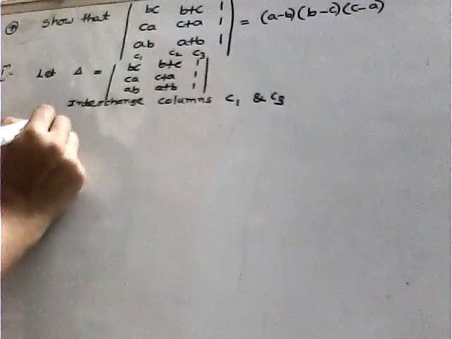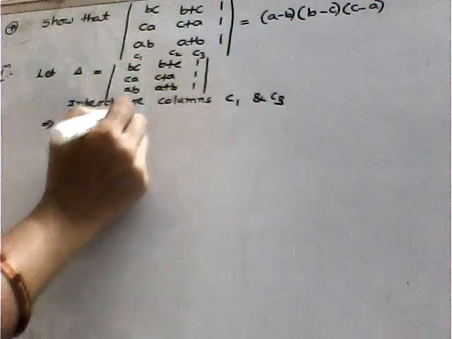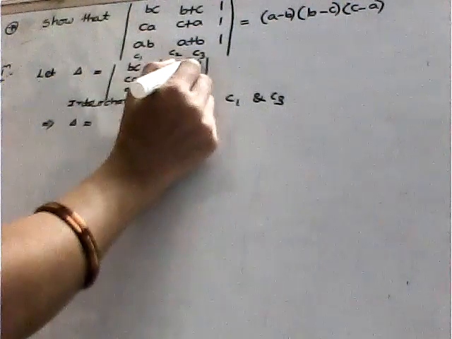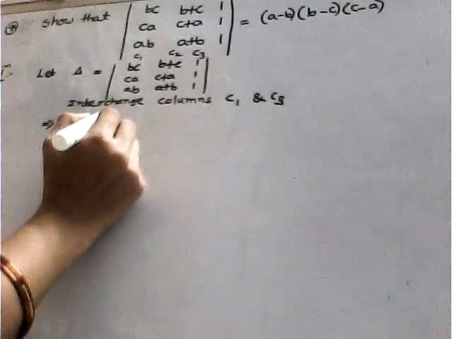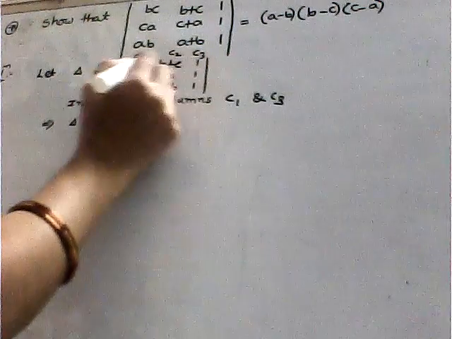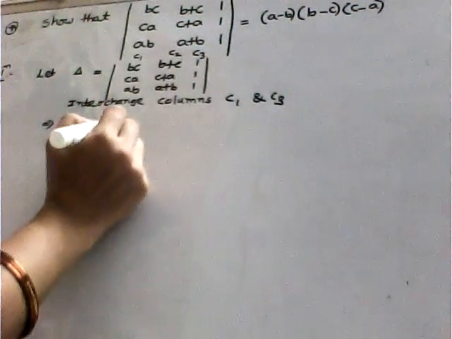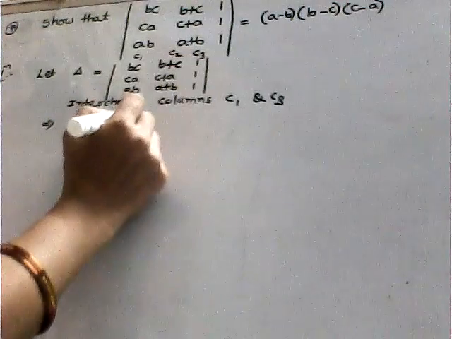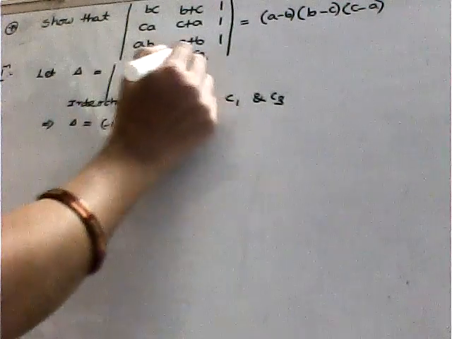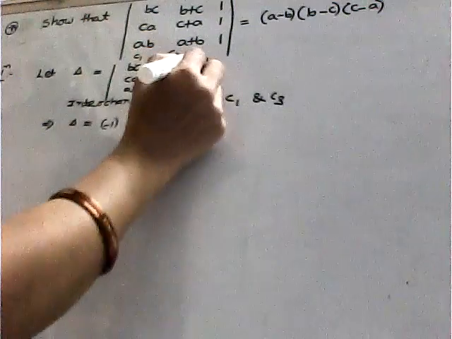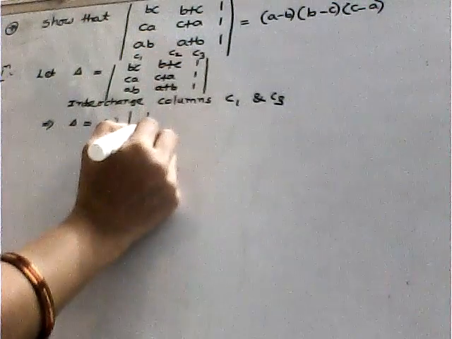Then we get delta equal to minus 1 into the determinant where C1 goes to C3 and C3 goes to C1. The column of 1, 1, 1 goes to C1.